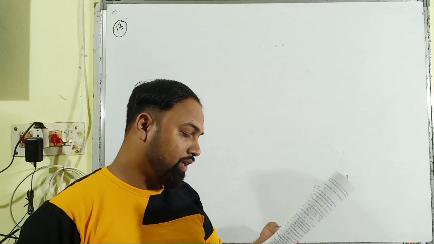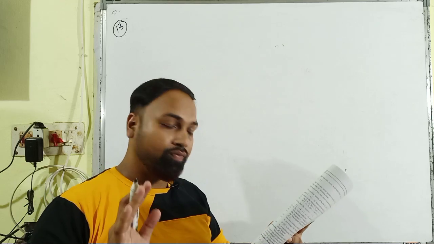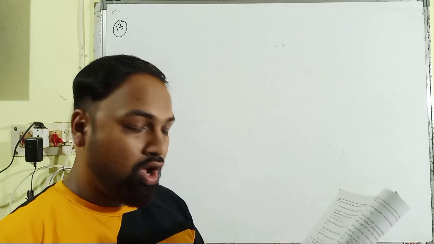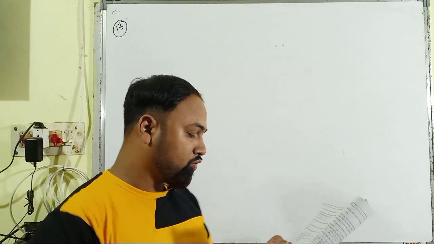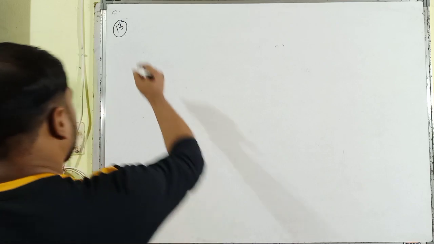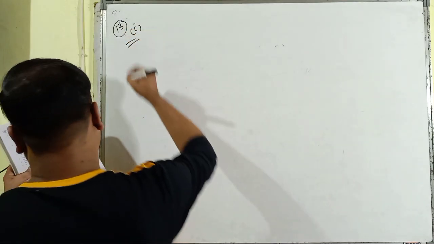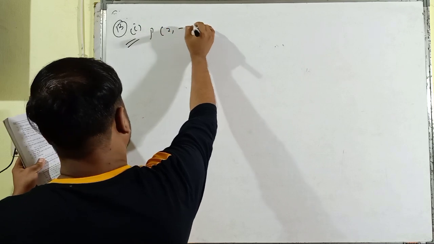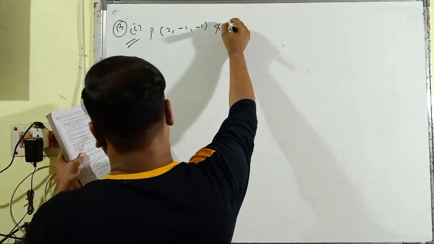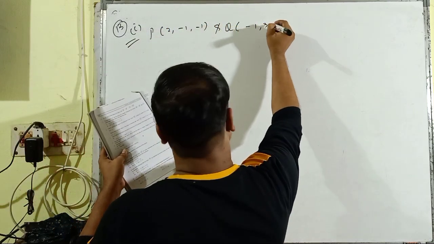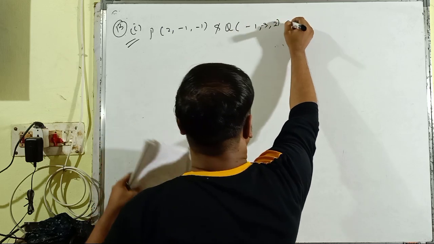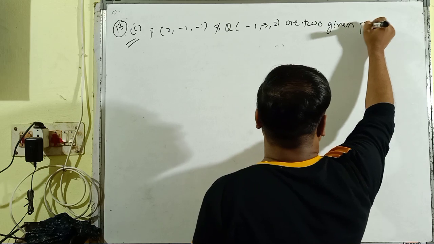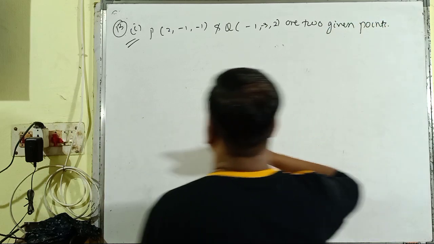So in problem number 13, it has been asked to find out the PQ vector, the magnitude and its direction cosines for the two given points P and Q. So let us start from the first bit. P (2, -1, -1) and Q (-1, -3, 2) are two given points.